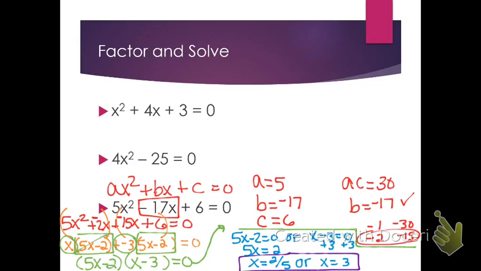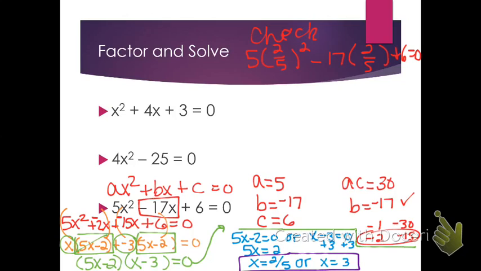Remember, you can go back to the original problem and plug those in to check your solutions. So if I wanted to do a quick check here, I would copy my original problem, except when I get to the x's, rather than putting in an x, I'm going to put in one of my two answers. First, let's put in the 2/5.